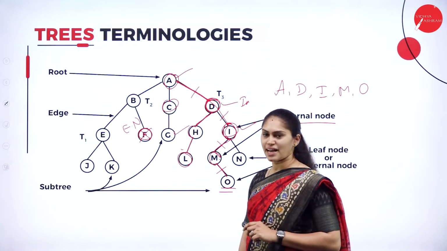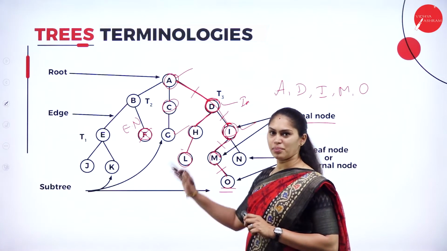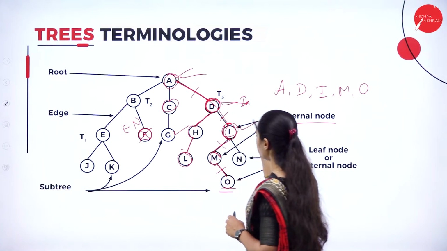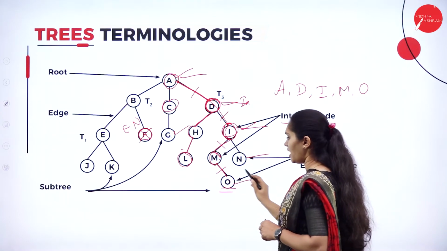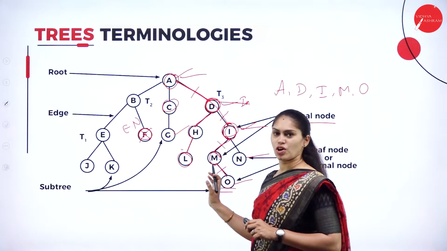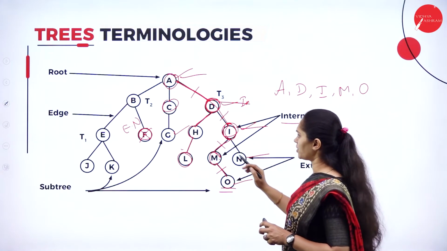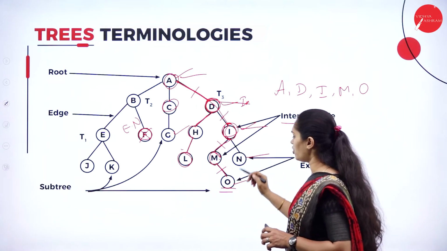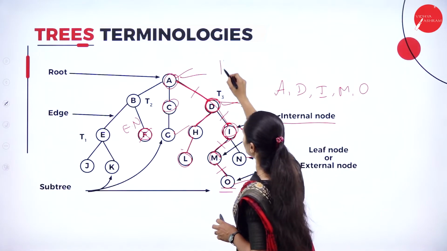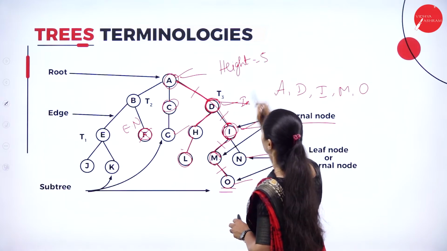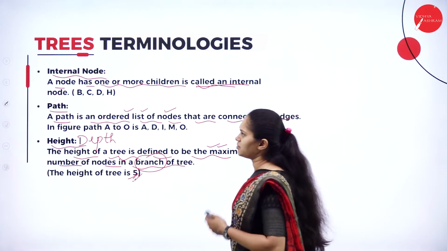If you take this example, what is the height of this particular tree? 1, 2, 3, 4, 5. I need to consider the last terminal node in order to find the height. 1, 2, 3, 4, 5. So the height of this tree is 5. Fine. These are some more terminology.